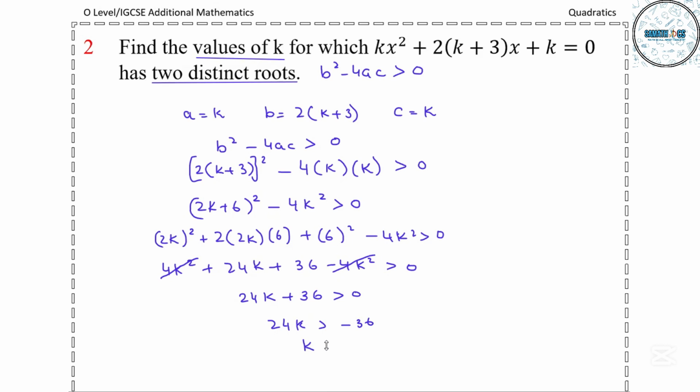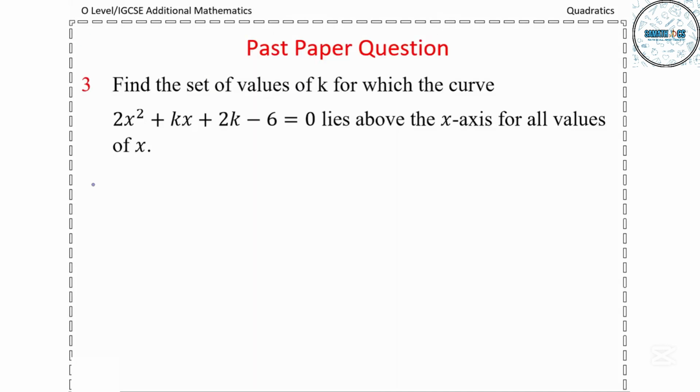So k is greater than minus 36 upon 24, which is finally k is greater than minus 3 upon 2. So the values of k for which this quadratic equation has two distinct roots are greater than minus 3 upon 2.